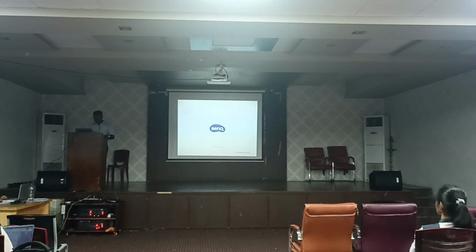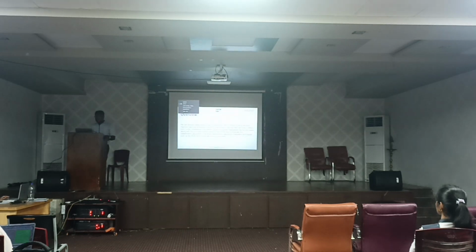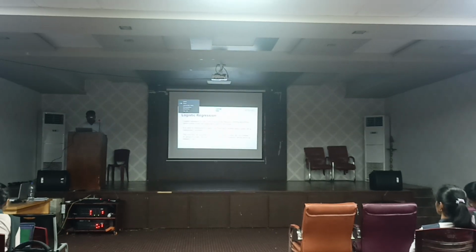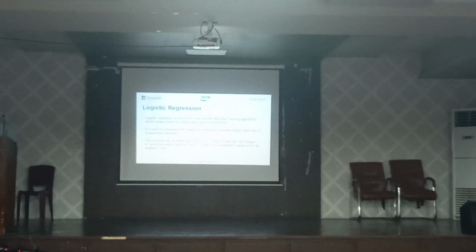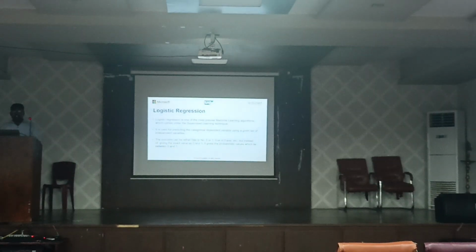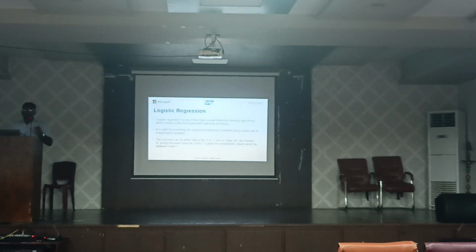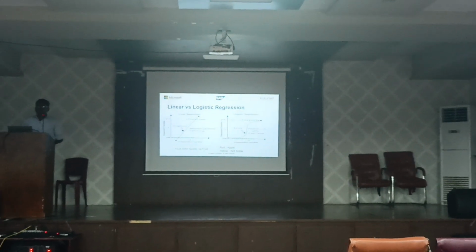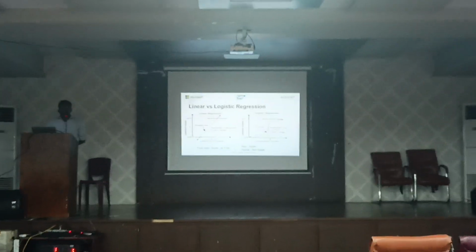Next we are going to discuss logistic regression, as we mentioned. Logistic regression is also one of the regression types only, not a classification type. Is it under classification? It is logistic regression. So how will it classify? Based on the threshold value.